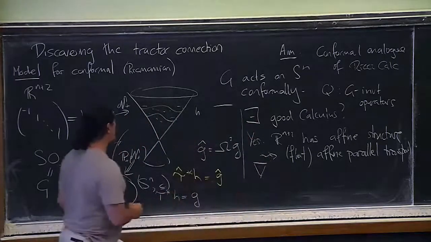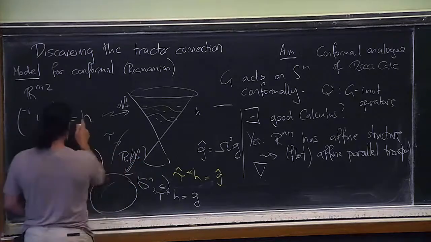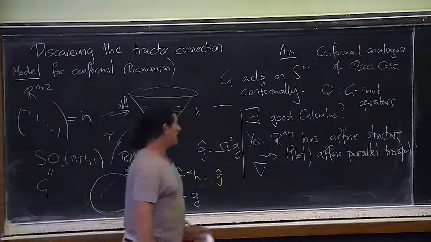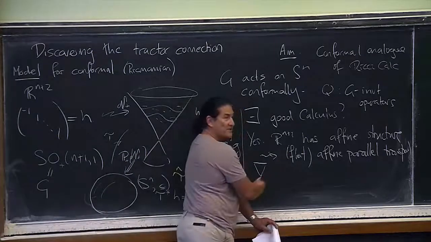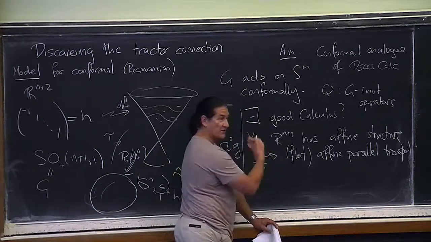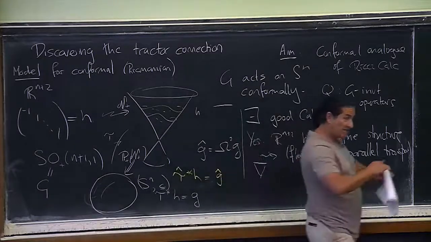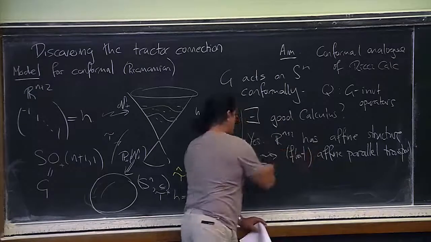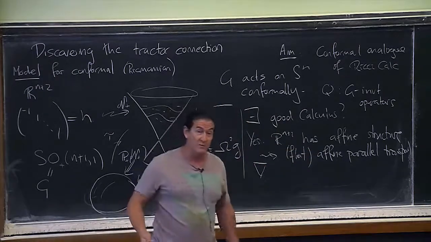What's more, as I've already said, we can think of this bilinear form as giving us a metric on Rn plus 2, and it's obviously preserved by this parallel transport because it's just a constant. If you wrote it in standard coordinates, it's just constant coefficients. In standard coordinates, this connection is just differentiation with respect to the coordinates.